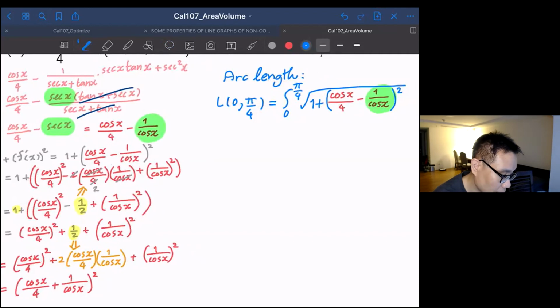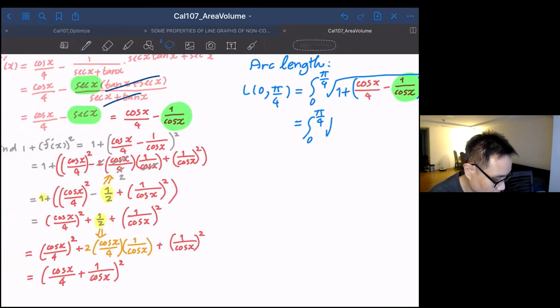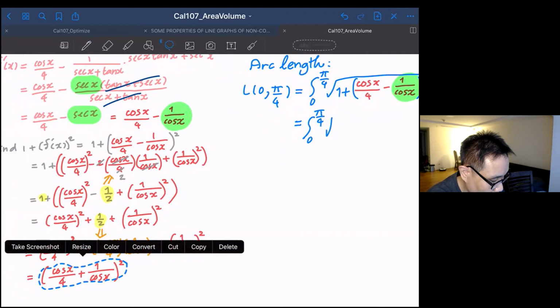And you see that this guy turned out to be the square root of, I'm going to copy this term. Okay, the thing that we already simplified. So it's going to turn out to be this one.